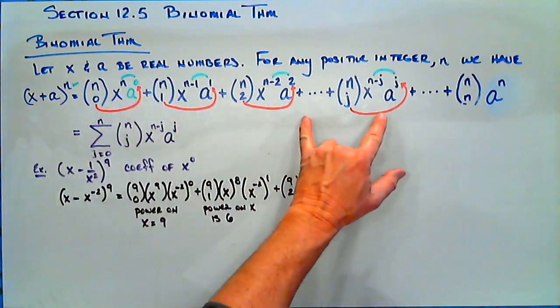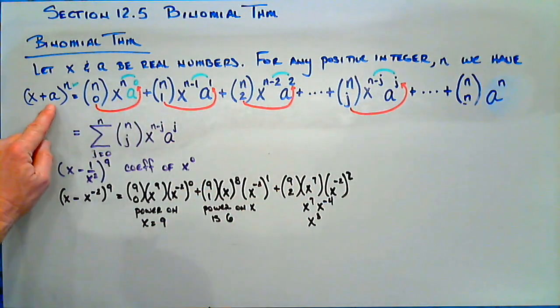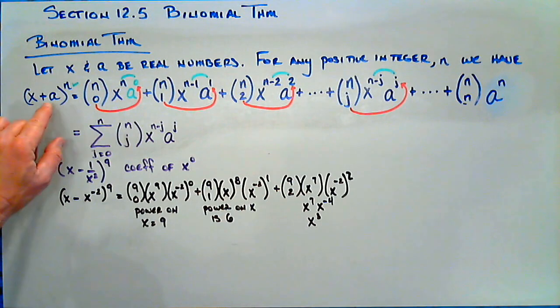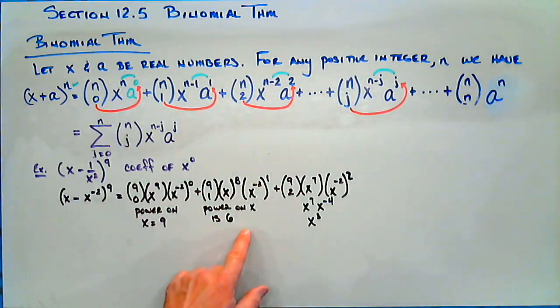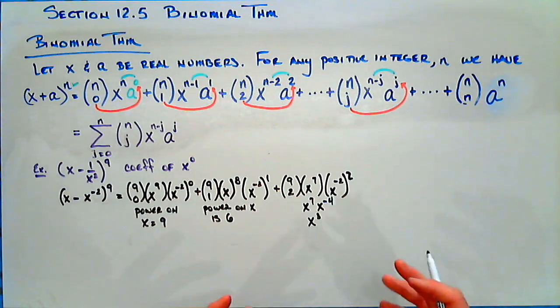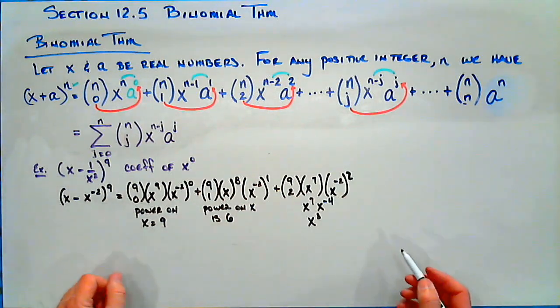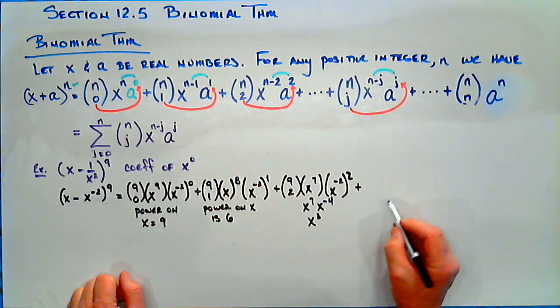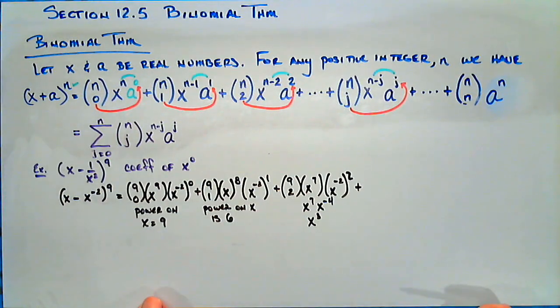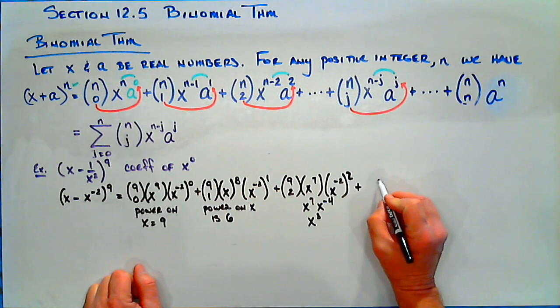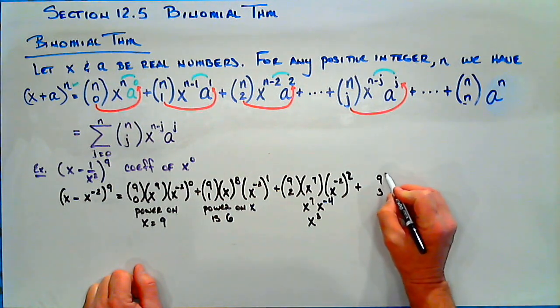Like up here for this problem, they went down by 1 because there was no tricky x in our second spot. But now we have an x in our second spot. So now we pretty much got to figure it out. This next term right here is the one we want, isn't it? 9, 6, 3. This is going to be x to the 0. So who is this going to be? It's going to be 9 choose 3.